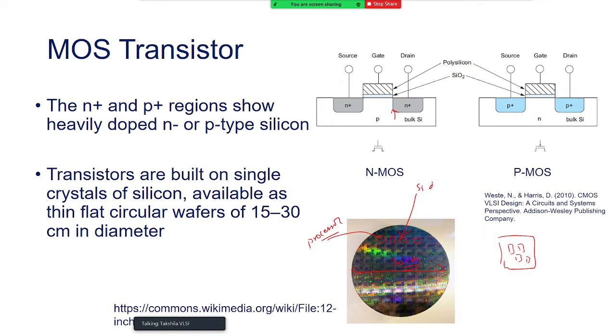This is called a Si die or Si chip, and inside this chip you have millions of logic gates and billions of transistors.